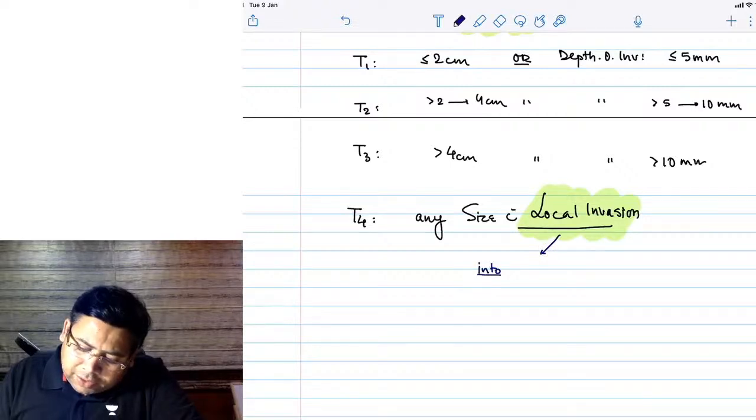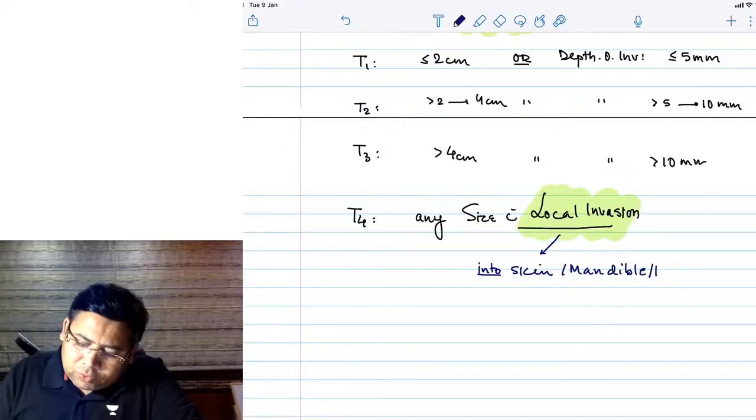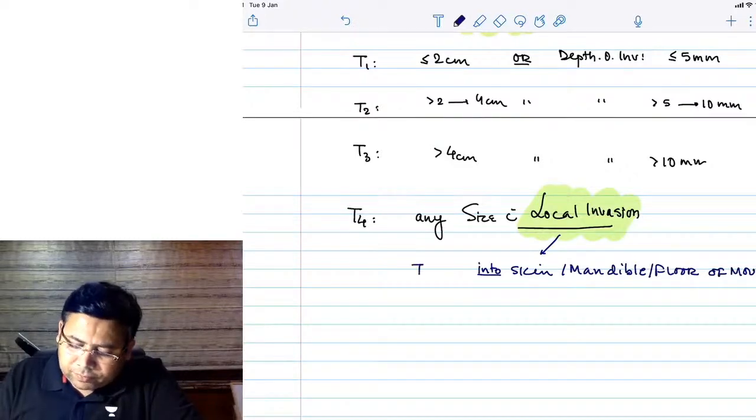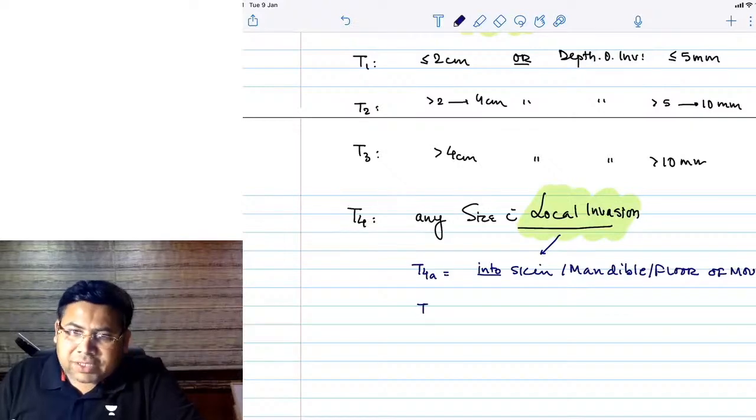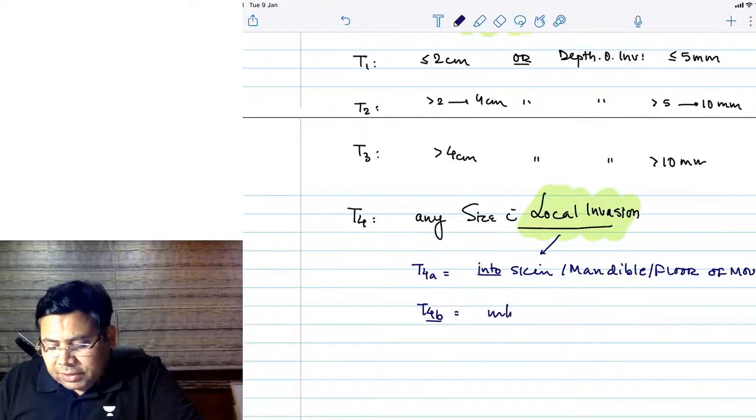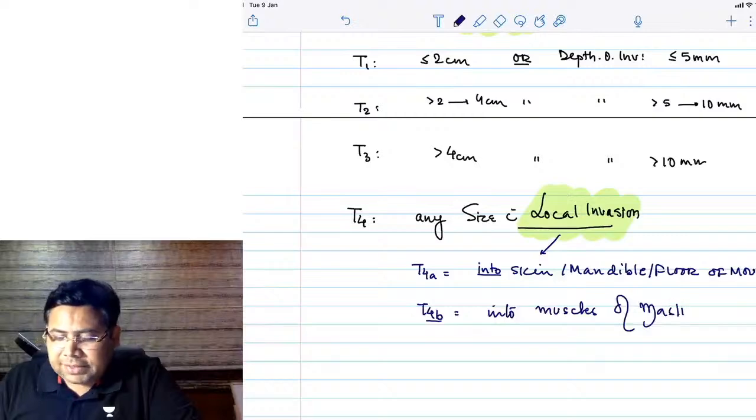Into skin, into mandible, into the floor of the mouth. The answer is, it is T4A. What is T4B? This question also has been asked. Into muscles of mastication.